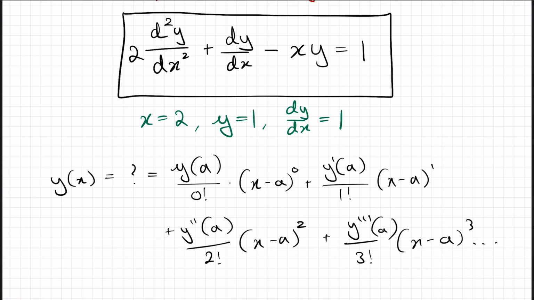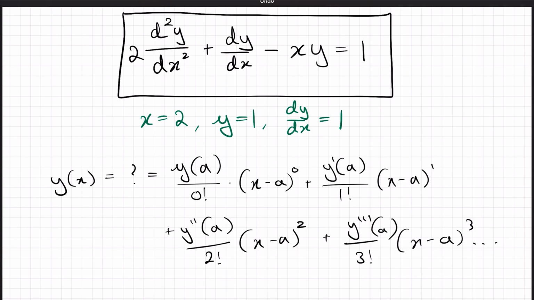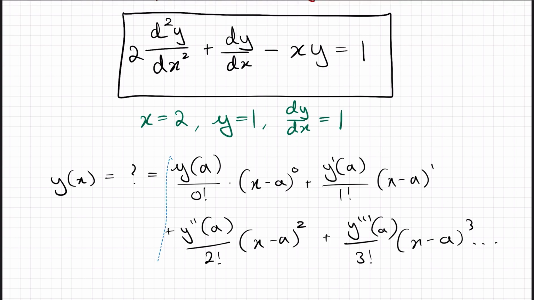If we went on forever, then this would basically be the same as the original y of x, and so we would have the Taylor series.